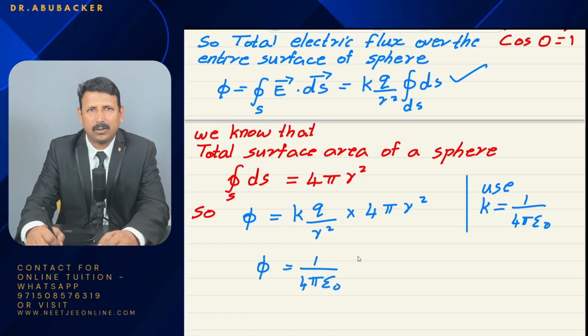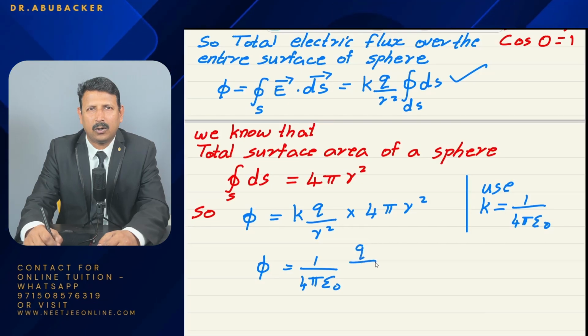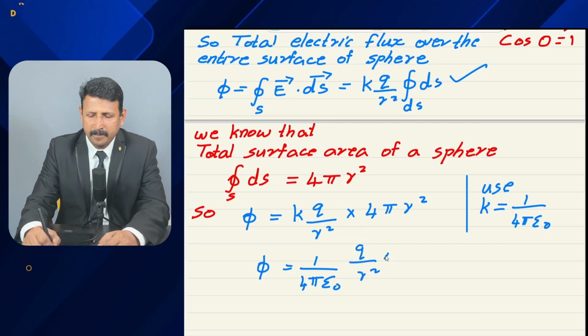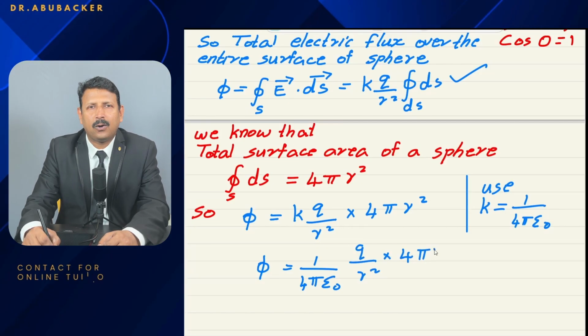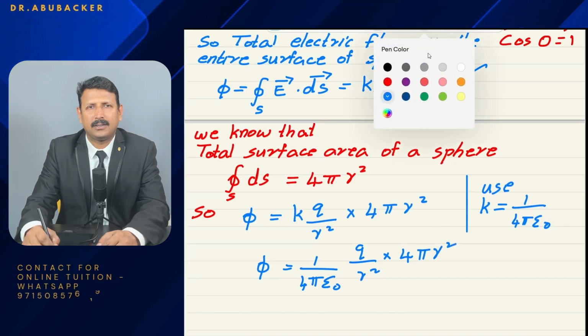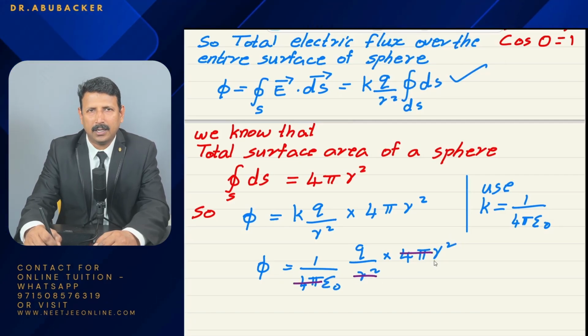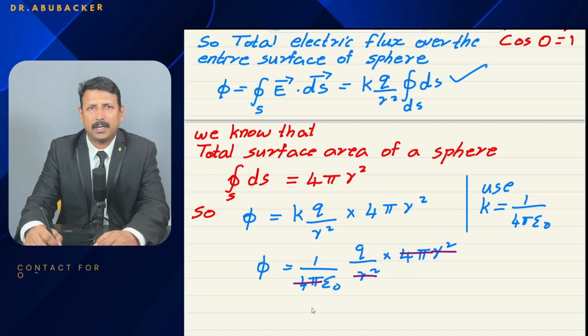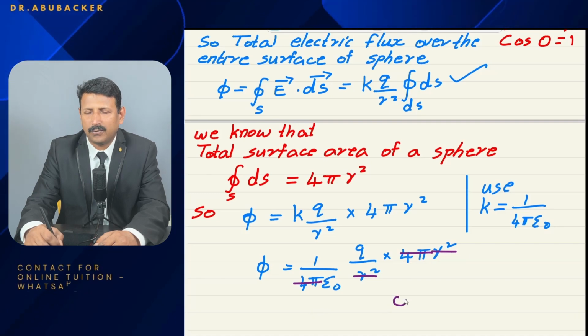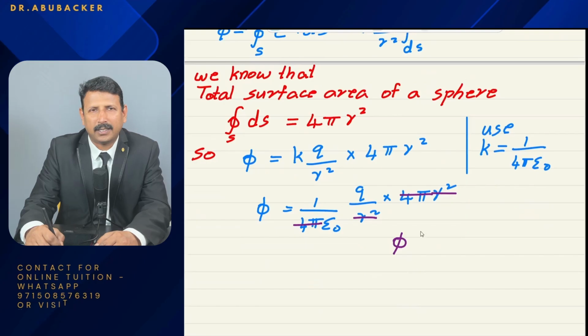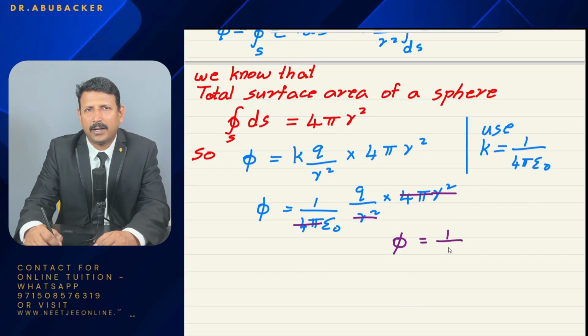So here phi is equal to 1 by 4 pi epsilon 0 q by r square, then 4 pi r square. Okay. The time to cancel now. You can see there are a few variables we can cancel. First, 4 pi and 4 pi, numerator and denominator, r square and r square. What is left now? Phi is equal to, in the numerator only one variable left, in the denominator also one. The denominator has epsilon 0, and the numerator has q.